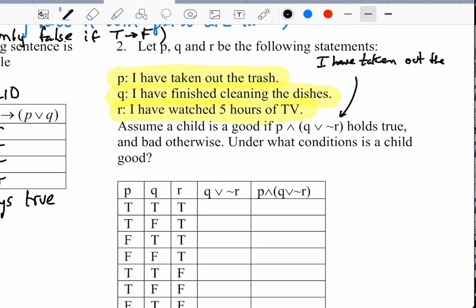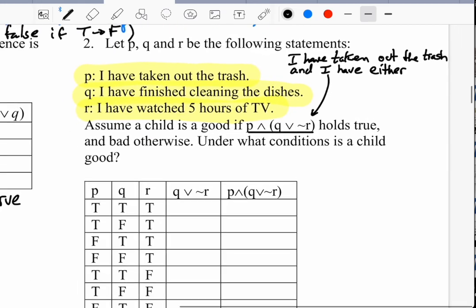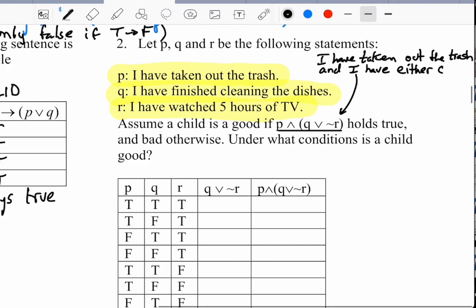And then it's the whole sentence here, even though the arrow is making it seem like I'm pointing to just the R. I've taken out the trash, and I have either cleaned the dishes, finished cleaning the dishes, however you want to say it. I'm just going to say clean the dishes, otherwise this is going to become an essay.